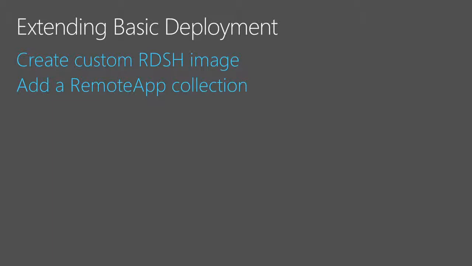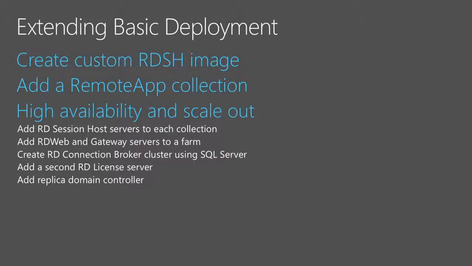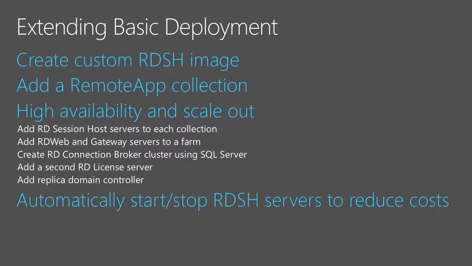Okay, you may want to add a remote app collection. Not required, but often nice to have. High availability and scale out. Okay, so you're going to want to add at least a second instance of every single role service, so that if one of them goes down, the service keeps running, right?